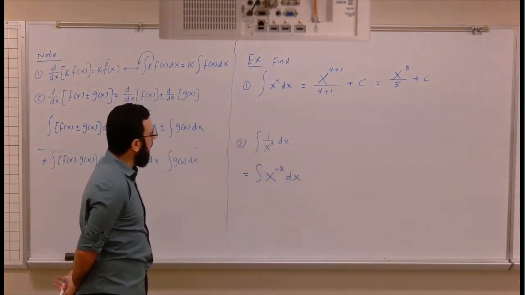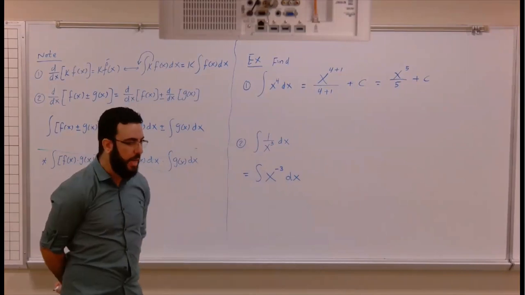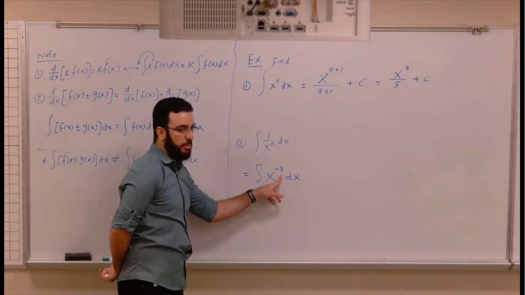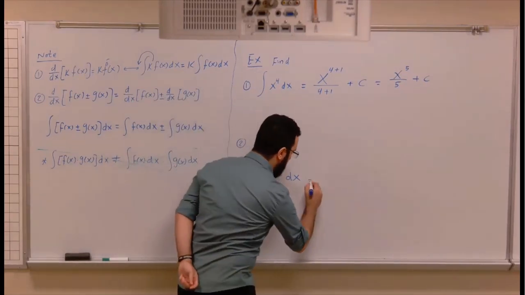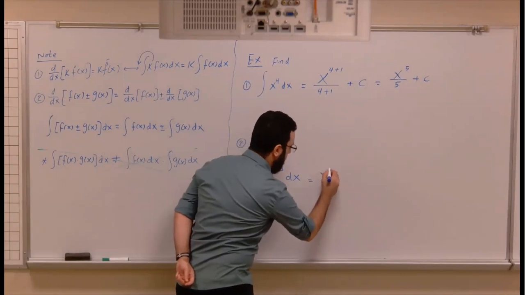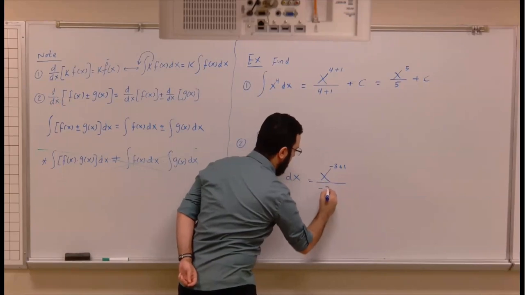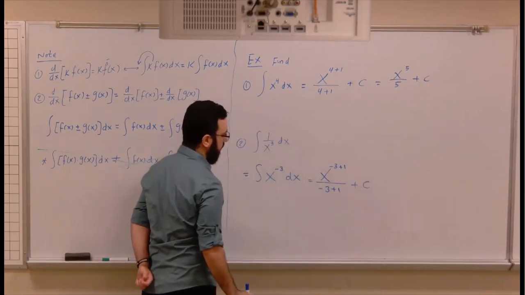In this case, I can use the same rule, rule number 3, because now I have a variable with exponents. So I'm just going to add 1 here and divide by, so this one is going to be x to the negative 3 plus 1 over negative 3 plus 1. And you have to add the c.